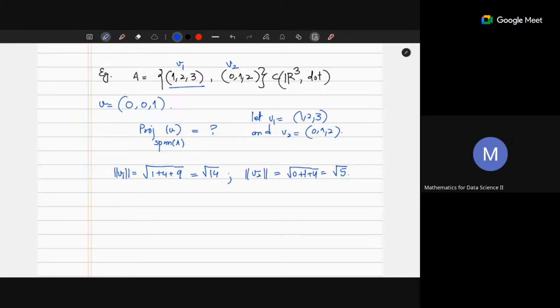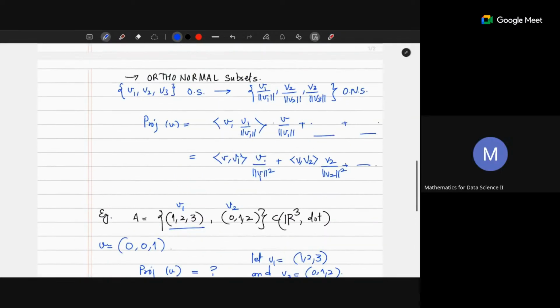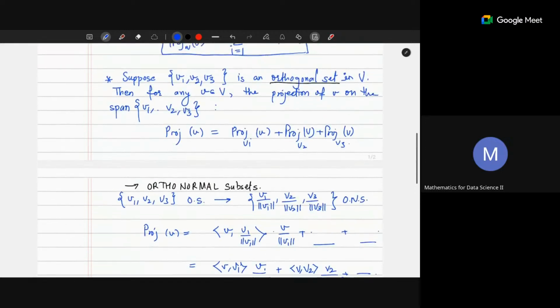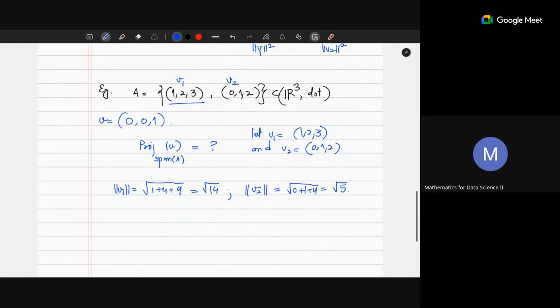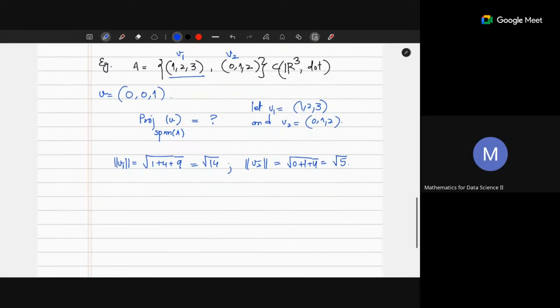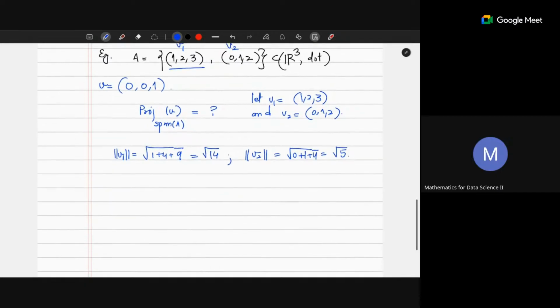If you have just random vectors and you want to find the projection of these vectors onto the span, you need to start with an orthogonal subset of the vectors.